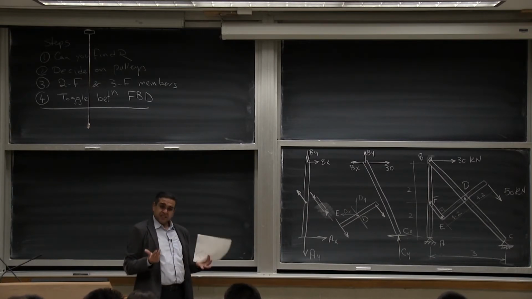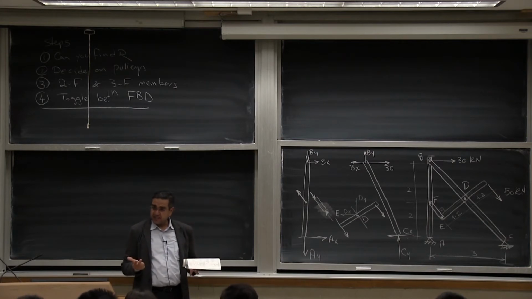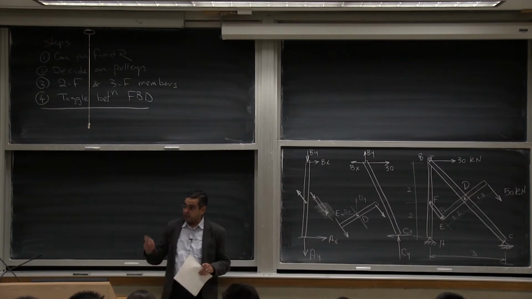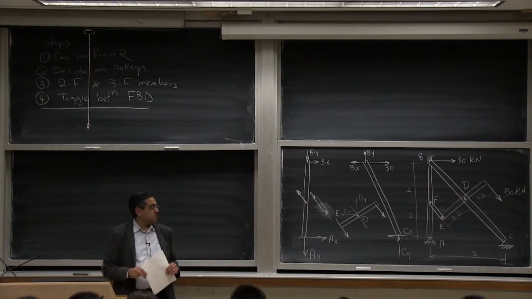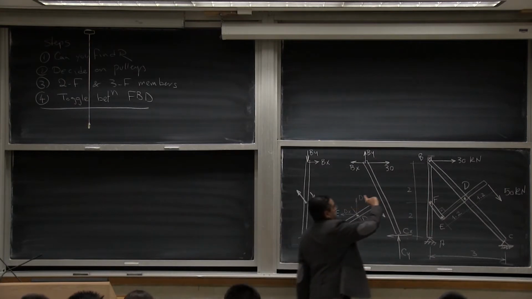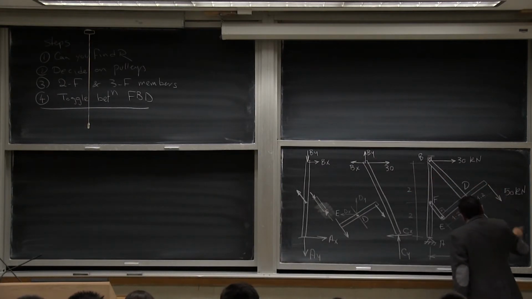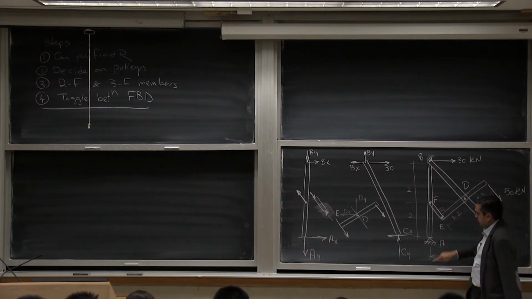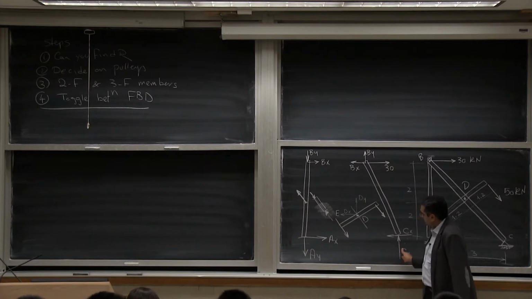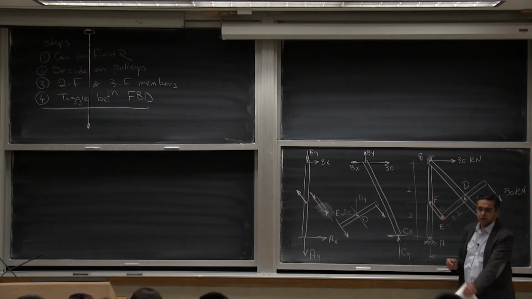The other thing that I should note is that CY and AY must be in the inverse directions, because most probably the moment of this force and the moment of this force is going this way. So these two forces have to make a couple this way. I made the assumption that they are going this way, and I'll see if my assumption was correct or not.